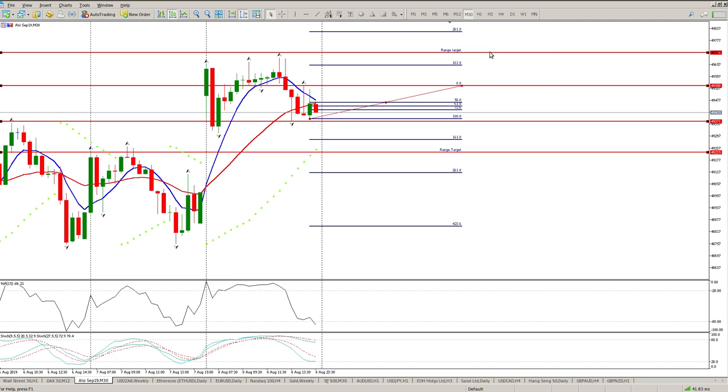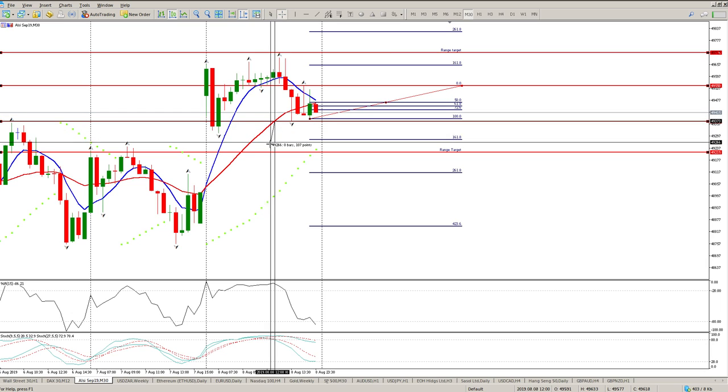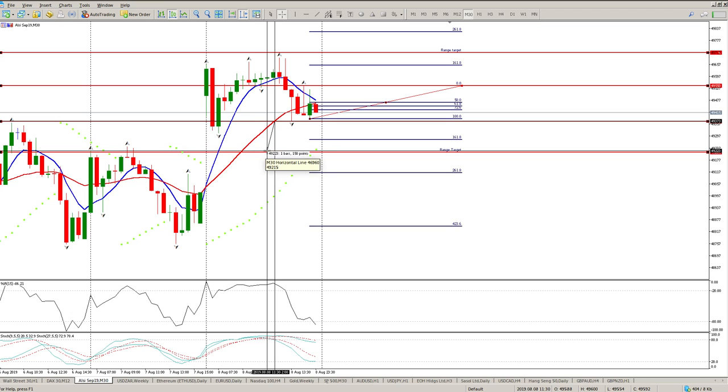Okay, closing range: what we're looking for is a 5 or 6 minute close below 49371. If we can get that, then I suspect we will get the range target of 49215. It's only 160 points.